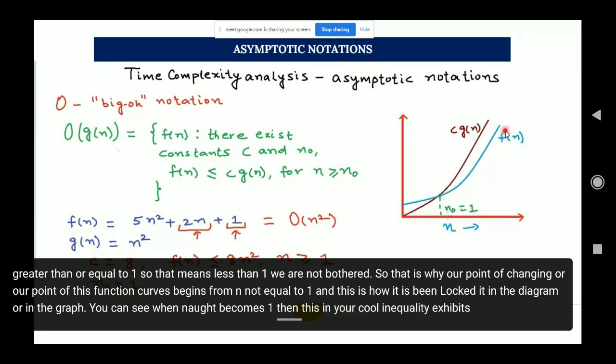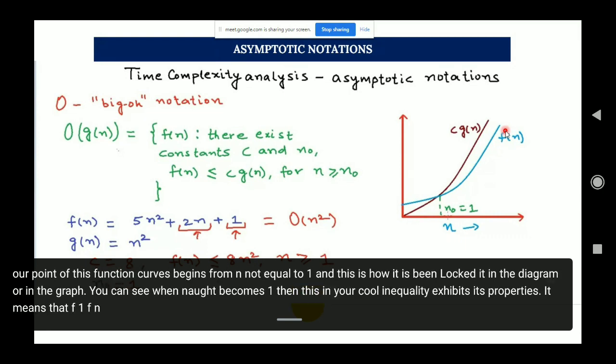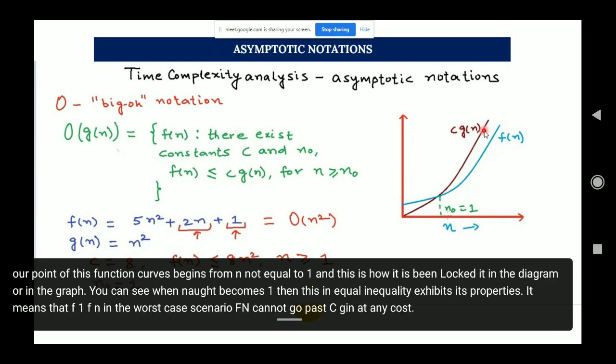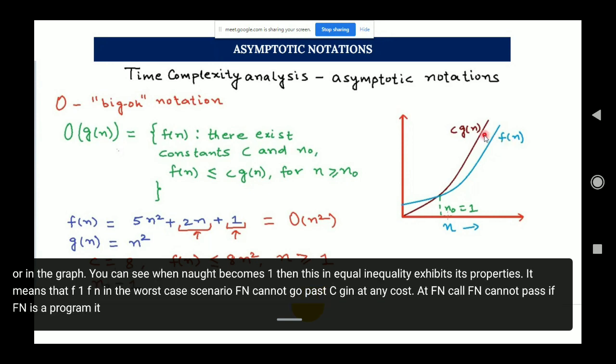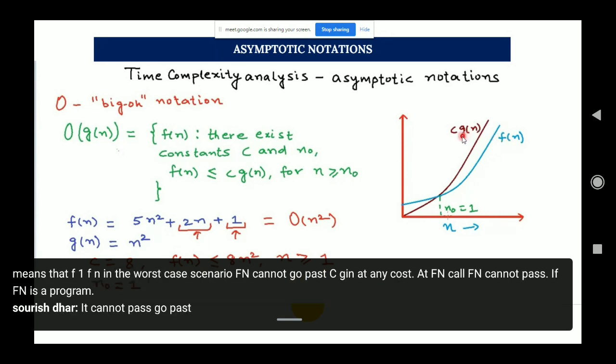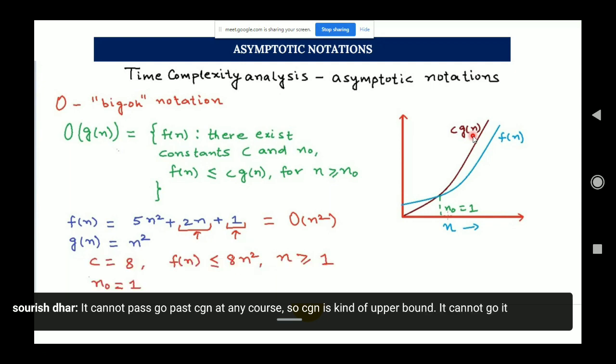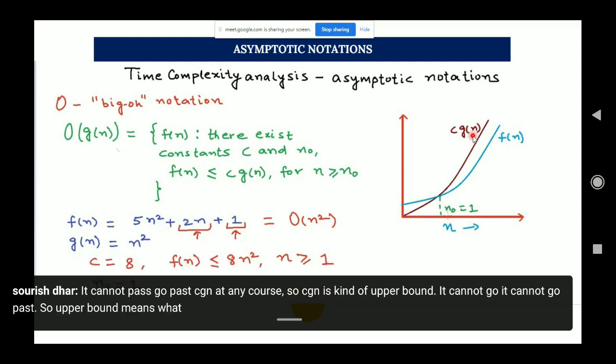It means that fn in the worst case scenario cannot go past cgn at any cost. If fn is a program, it cannot go past cgn at any cost. So cgn is a kind of upper bound. It cannot go past. So upper bound means what? It is worst case scenario.